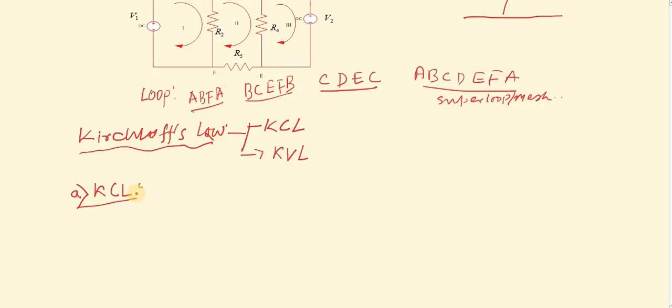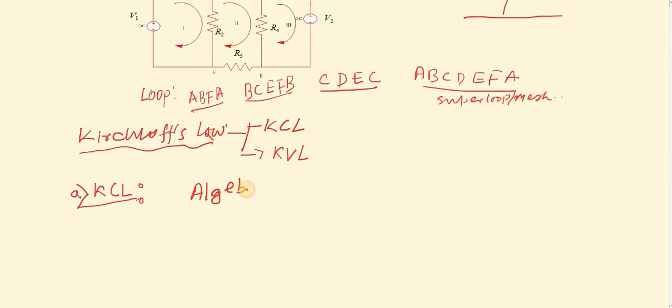Now what is Kirchhoff's current law? Kirchhoff's current law is that the algebraic sum of currents entering or leaving a node is zero. That is the KCL law. Write it down.